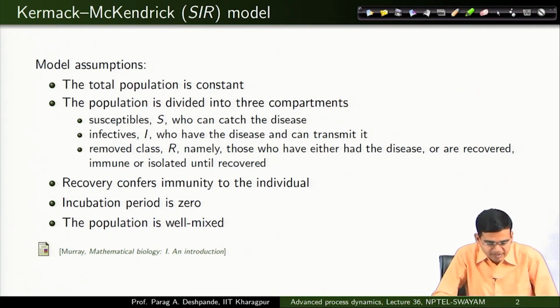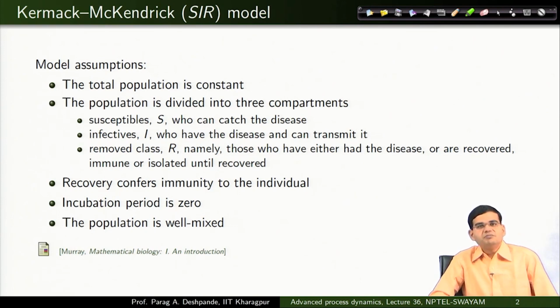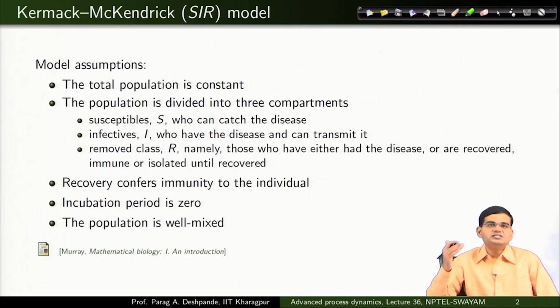What is the first compartment? Susceptibles, denoted by S. All of those members of this population which can potentially catch the disease are referred to as susceptibles. Since this is an infectious disease, we are considering a disease which would spread from one member to the other member.